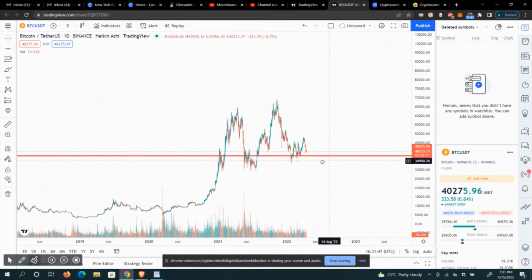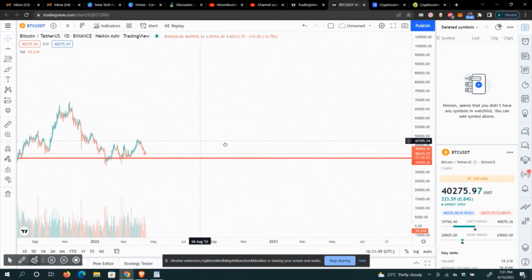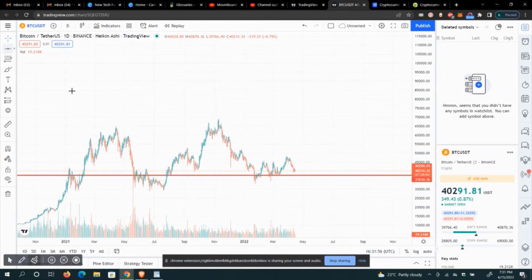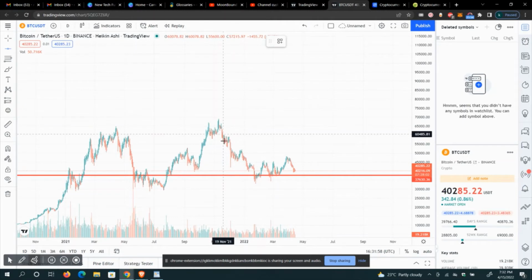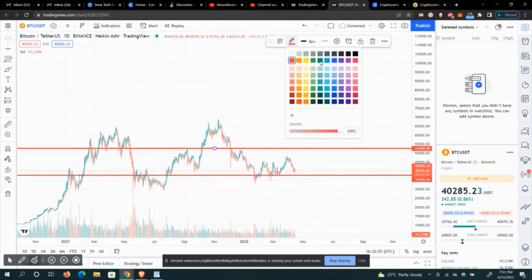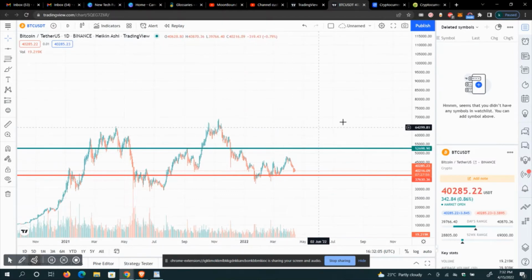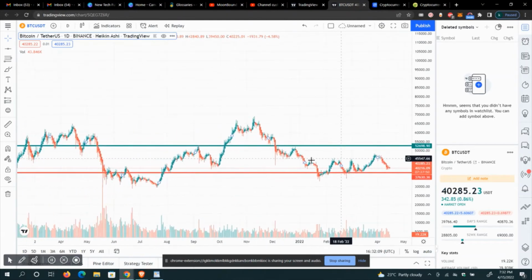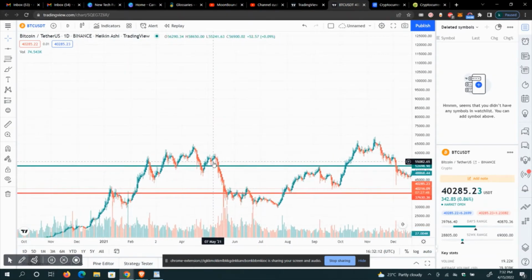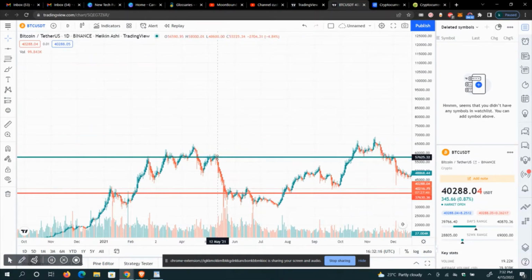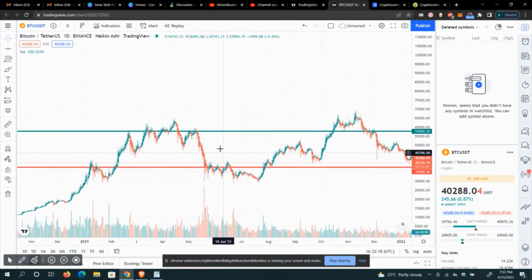So in this scenario, I'm trying to spot a support. Okay, I think I've gotten what I need. Now, I'm going to use this region as an example. I'm going to draw another horizontal line here, which I'm going to color green. Okay, so let me explain to you now.